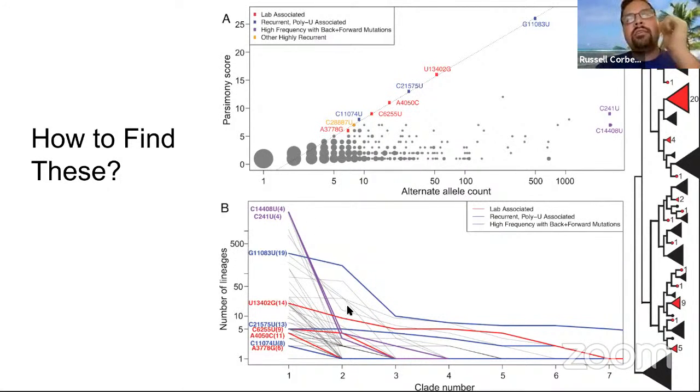So almost none of these are very big clades, with the exception of these two, C14408U and C241U, which are actually two of the earliest occurring mutations on the phylogeny, and those are probably genuine mutations that got to very high frequencies. So I would say this generally makes sense.